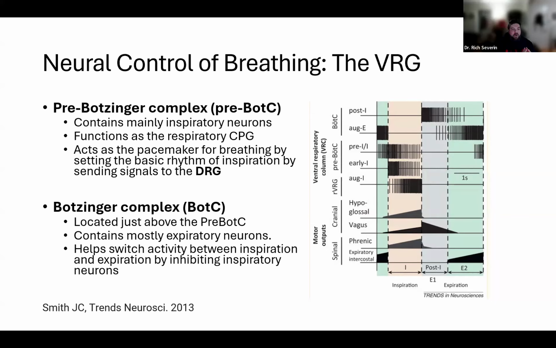And then you've got your VRG becoming more active as more sensory inputs come into that DRG, which turn on more switches to increase the activity of more muscles. This happens in a very coordinated manner to ensure that we always have adequate ventilation to match the demands of activity.